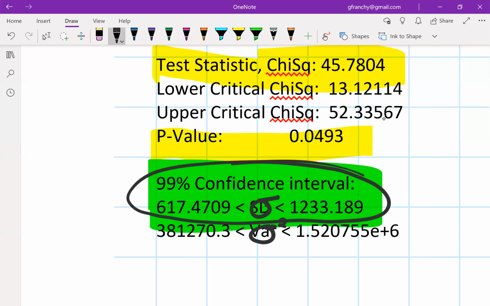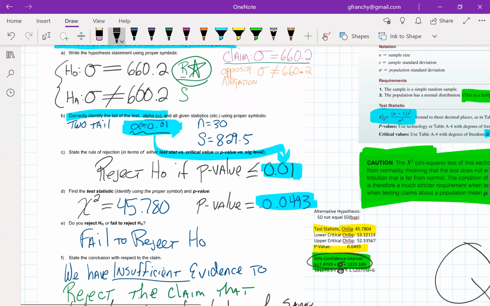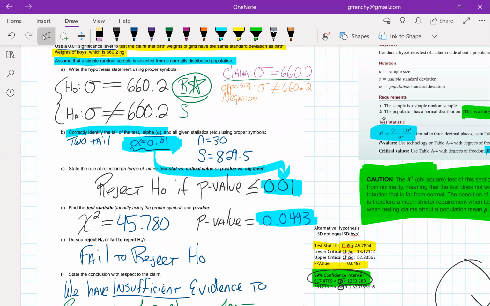And this is why we go through the process, because for most people just looking at 660.2 and 829.5, they would think that those numbers are a long way away. If you're thinking about this in terms of money, there's a pretty big difference between about $830 and $660.